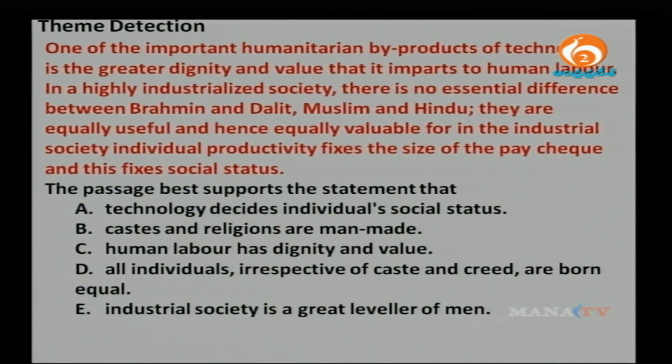Please read the passage again. You will find the answer. You just need to read, understand and analyze. The analytics is very important for theme detection.